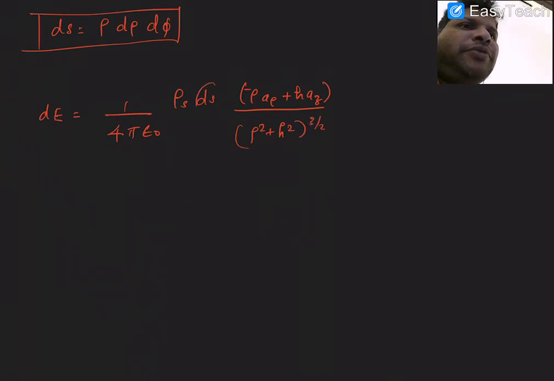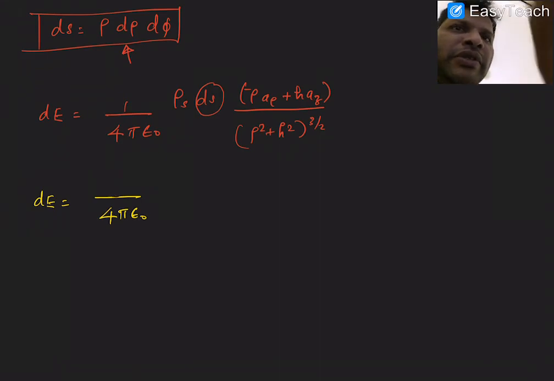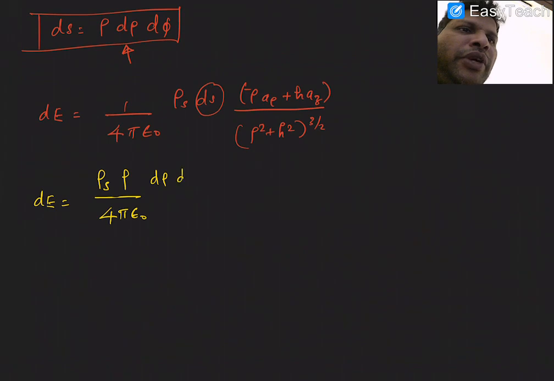But I can substitute my ds with this equation. So my dE will be equal to 1 by 4 pi epsilon 0, then I have rho s. Then ds will be substituted with rho into d rho into d phi.